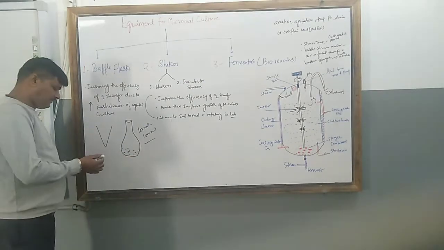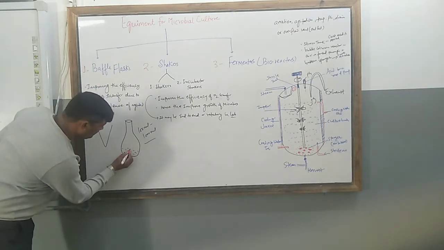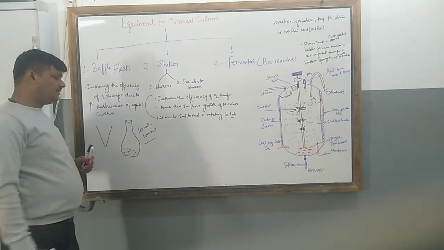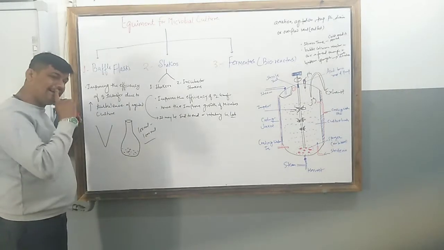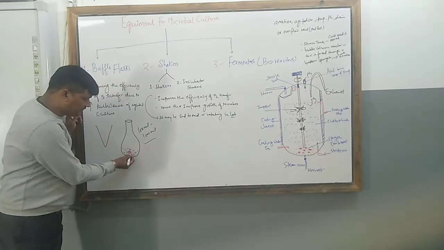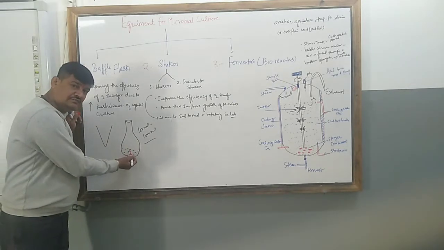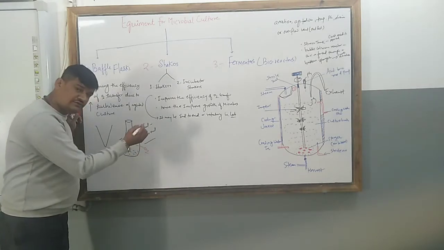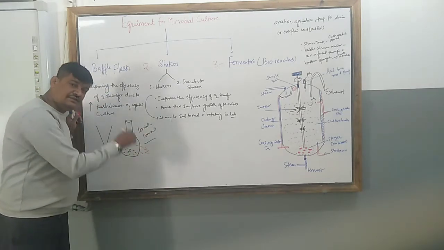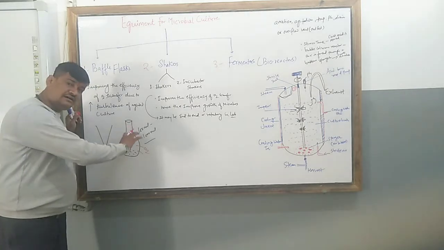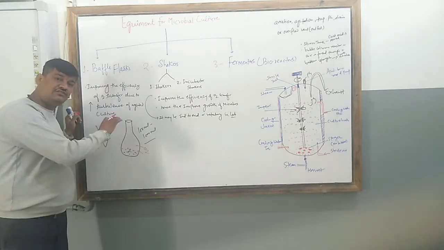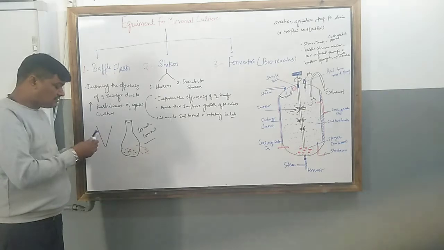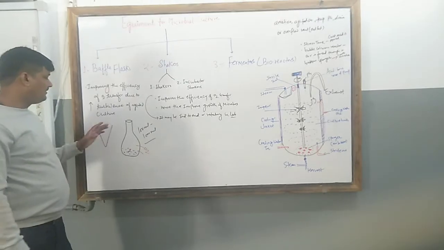So here it is placed on the culture medium. As the bacterial cells consume the nutrient medium, there will be a deficiency of oxygen, of the substrate, and of other things needed for culturing the bacteria.